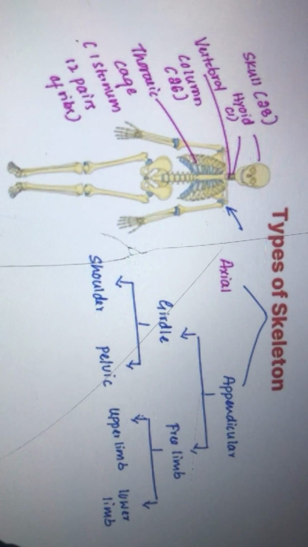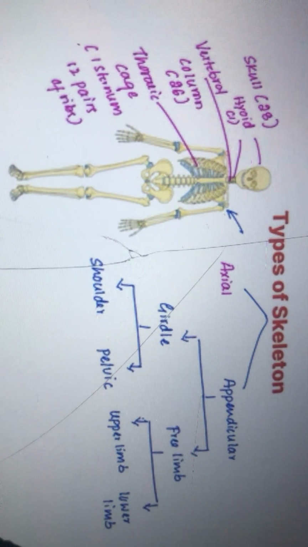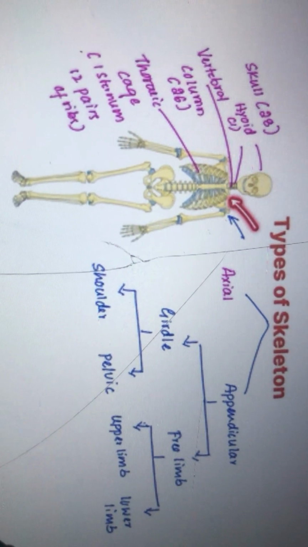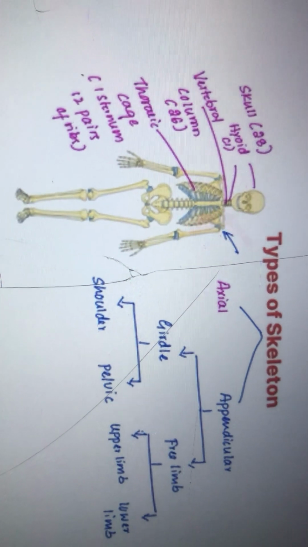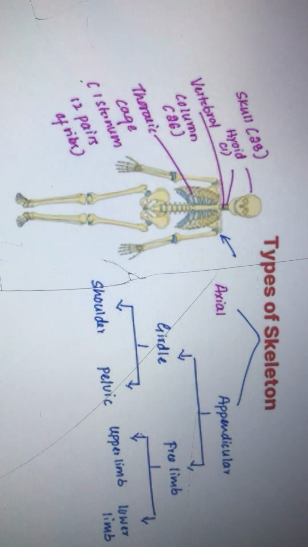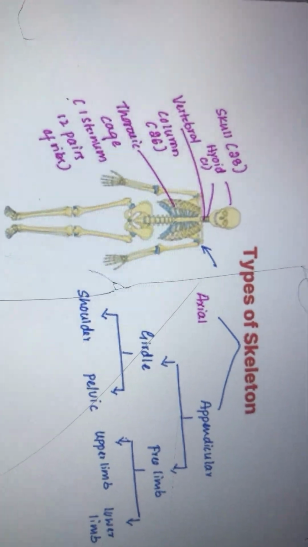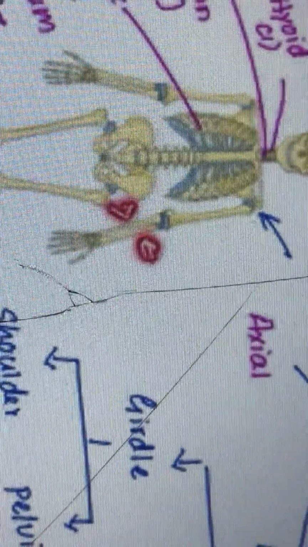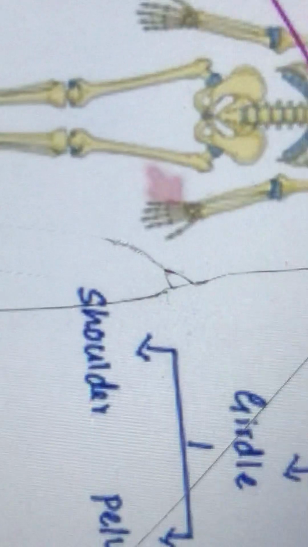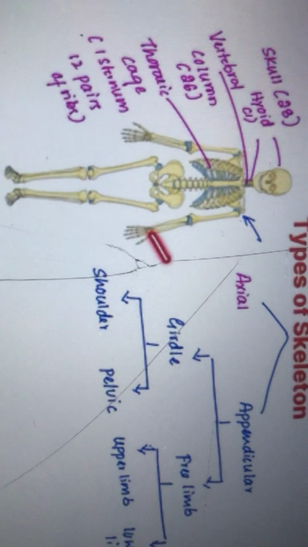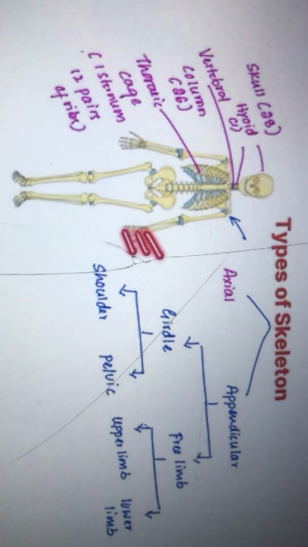When we talk about the shoulder girdle, remember the shoulder girdle is formed by the clavicle and the scapula, right? Then we have bones of the free upper limb, which begins with the humerus. Then we have the radius and the ulna, and then we have the bones forming the hand, including the carpal bones, the metacarpals and the phalanges.